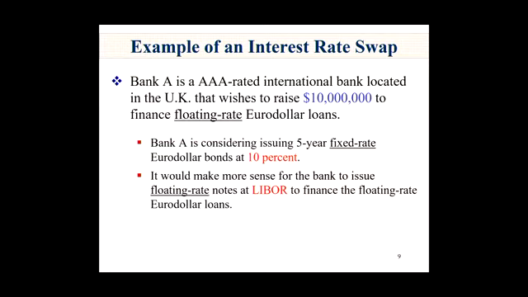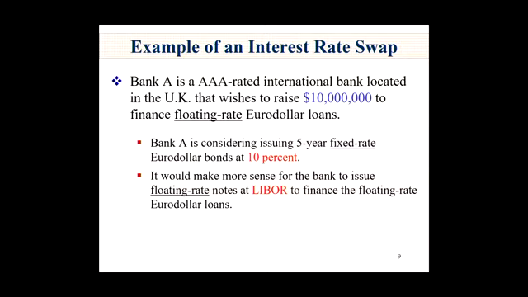Now, depending on the riskiness of someone wanting to transact, LIBOR can be the base rate, and there can be a premium on top of that. So this is a bank. They can issue notes at LIBOR. Now, Bank A has two options: a fixed rate bond or a floating rate bond.